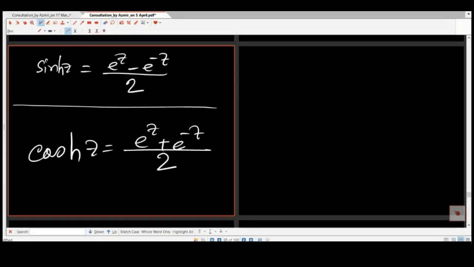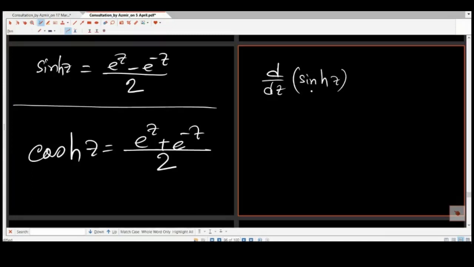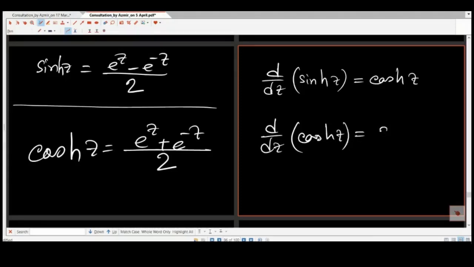If we know these two formulas, then we can easily find the other ones. If we differentiate hyperbolic sine z, we will get hyperbolic cosine z.